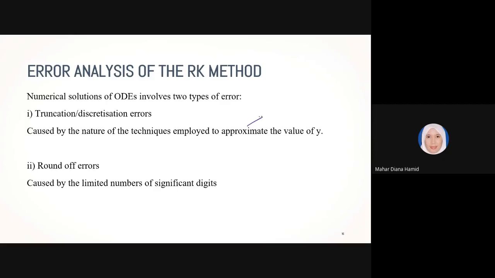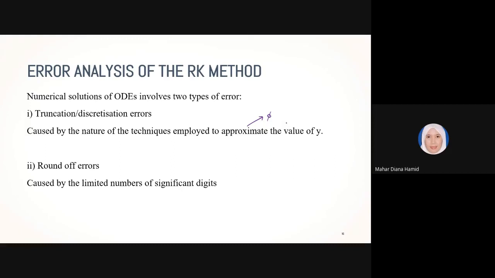So this is how we estimate the value of the slope. As I mentioned before, in Euler's method we only use the initial slope to extrapolate the value of the future y. Therefore, the accuracy of Euler's method is the least of all Runge-Kutta methods. So this falls under the truncation errors.